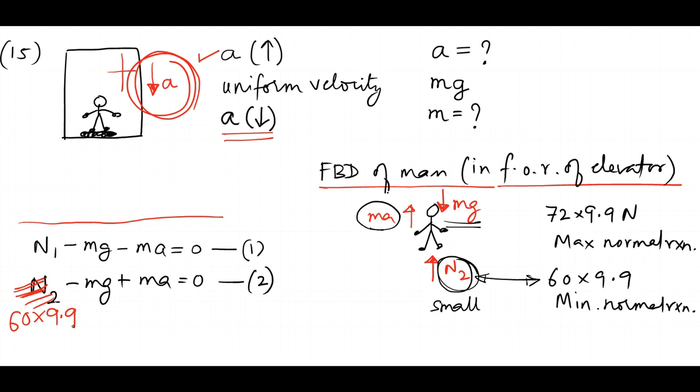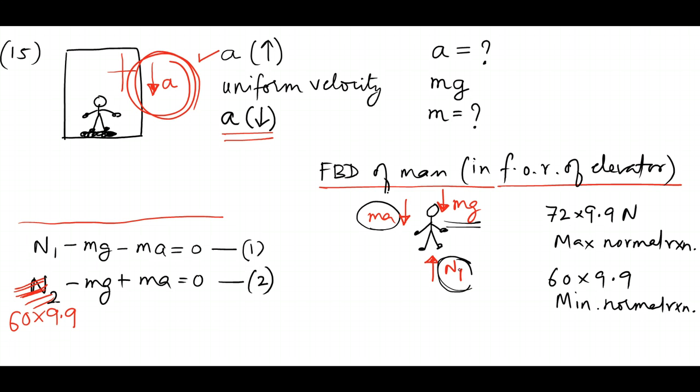In place of N2, I'm going to write 60 multiplied by 9.9 newtons. On the other hand, in the first phase of the motion, when the elevator is accelerating upwards, the pseudo force ma is in the downward direction as discussed earlier, and the normal reaction then is called N1.